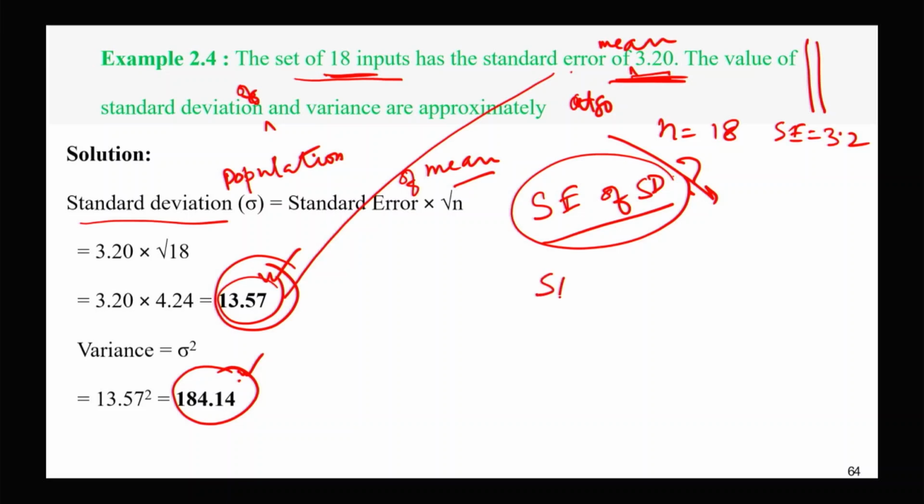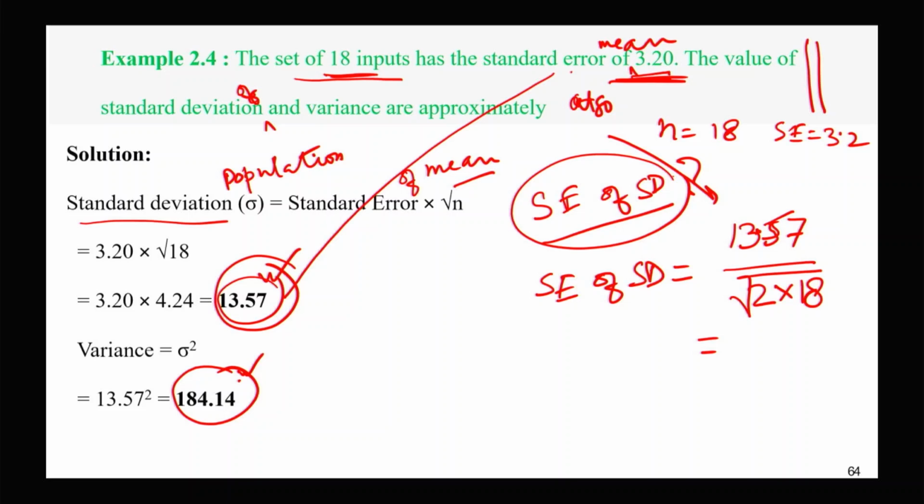So the standard error of standard deviation will be 13.57, the standard deviation of population, divided by under root 2 into 18.